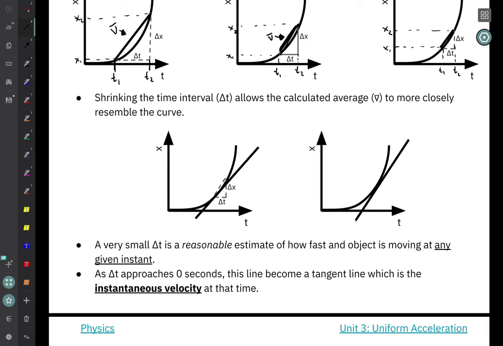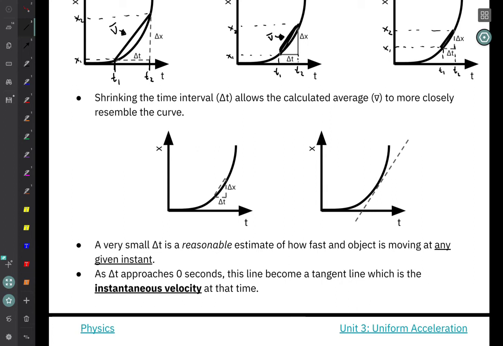So after we have these next 2 graphs, where we are showing that as we decrease the time interval between our 2 positions, the velocity is becoming almost instantaneous, we can have these 2 points. A very small change in time is a reasonable estimate of how fast an object is moving at any given instant.